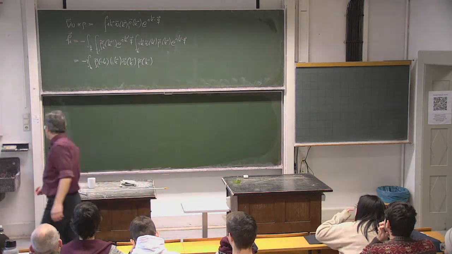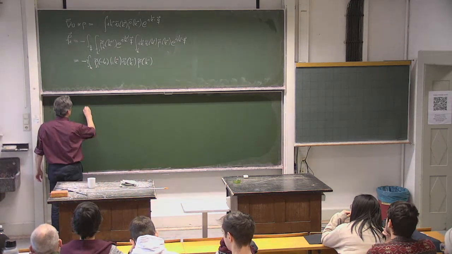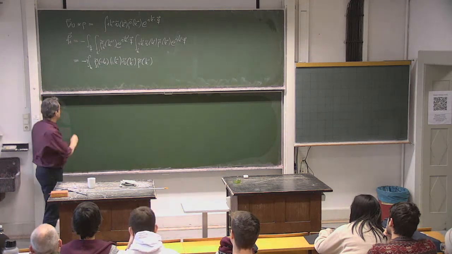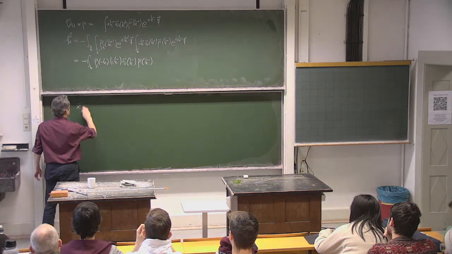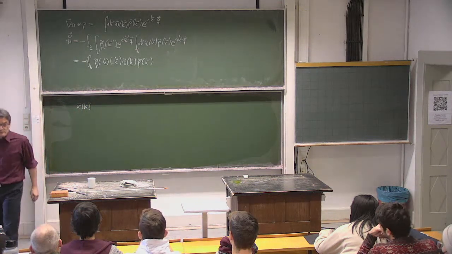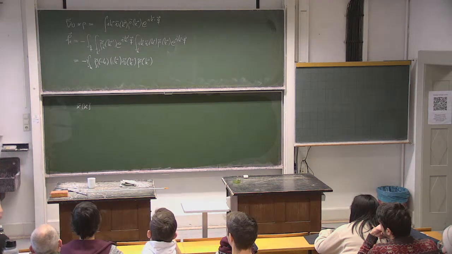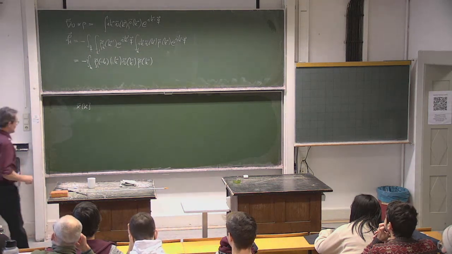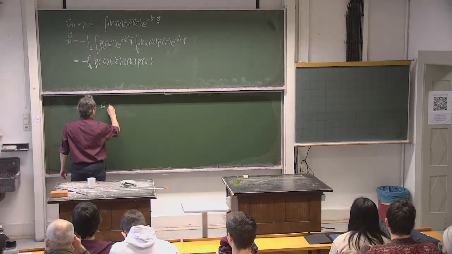So I want to pursue the following thing. Let me first of all write the particle trajectories as functionals of a new source field K, whatever K means, or something like that.